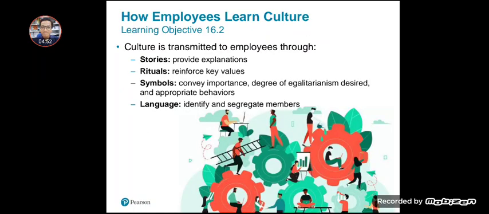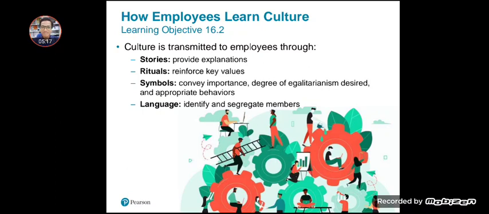How do employees learn culture? Employees learn the organizational culture through a number of avenues. Employees can gain an understanding of culture by hearing stories that present the past and also provide explanations for current practices.